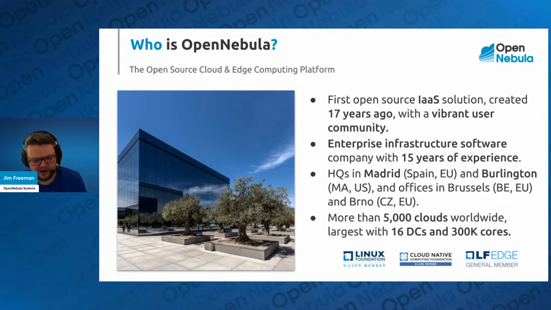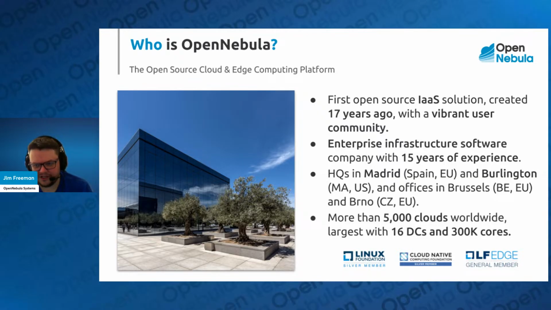I'll kick off with a really quick introduction to OpenNebula. I know many folks here today probably know who we are, but we're an open source infrastructure as a service solution, which was created around 18 years ago or so now.